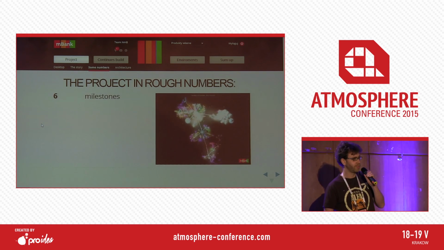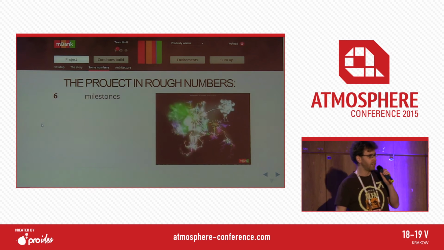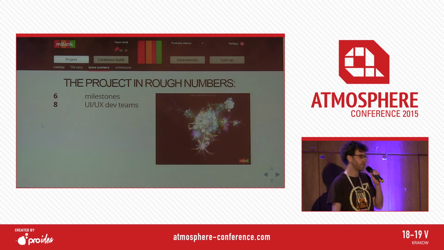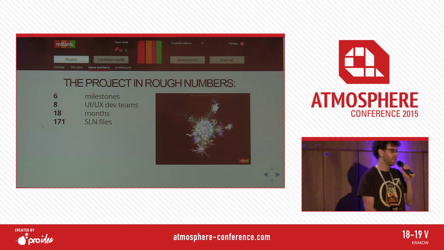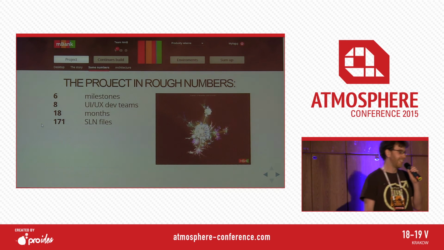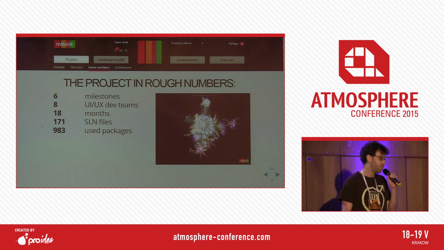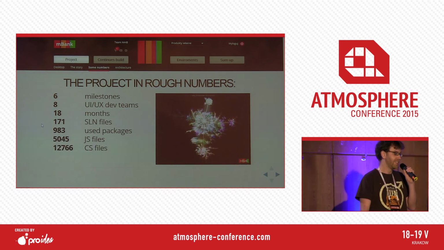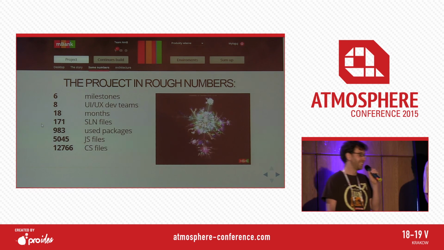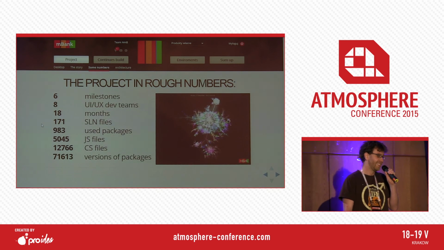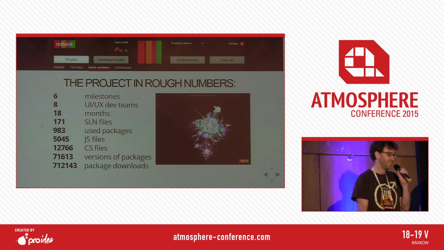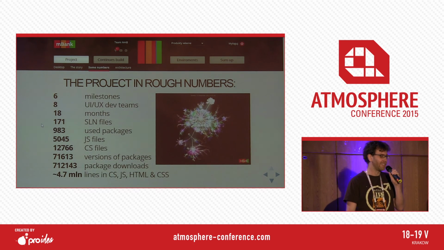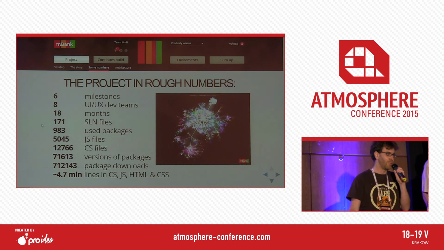So the numbers. The first stage of the new mBank project was 6 milestones, 8 UI, UX dev teams, 18 months, 171 SLN files, almost 1,000 used packages, 5,000 JavaScript files, 1,200 C# files, a lot of versions of packages, much more downloads, and almost 5 million lines in CS, JS, HTML, and CSS.